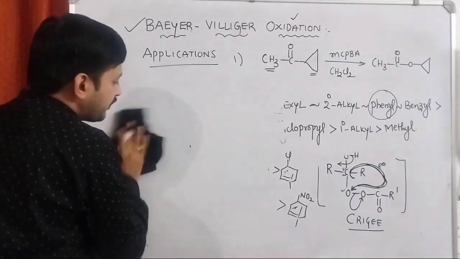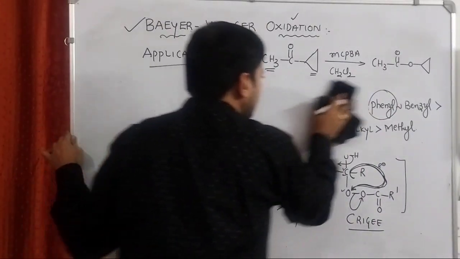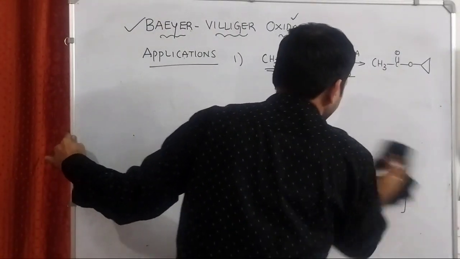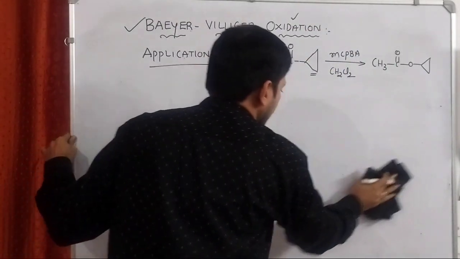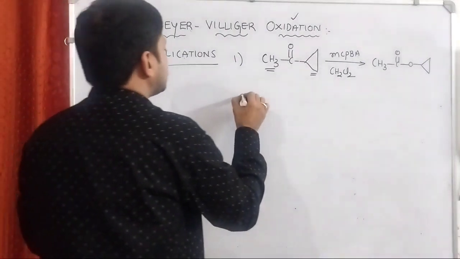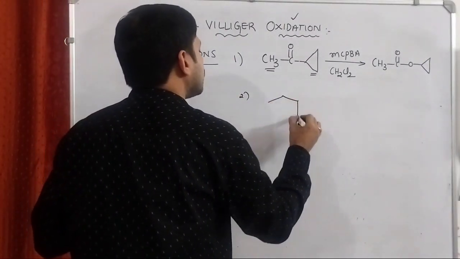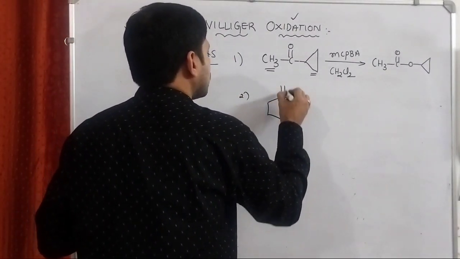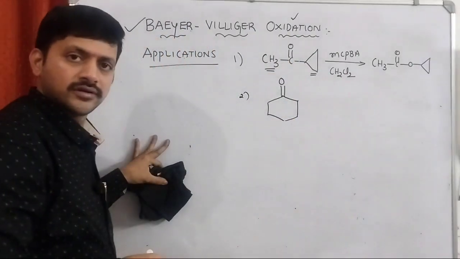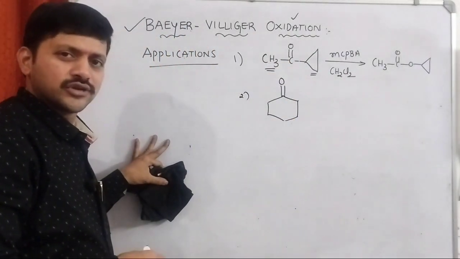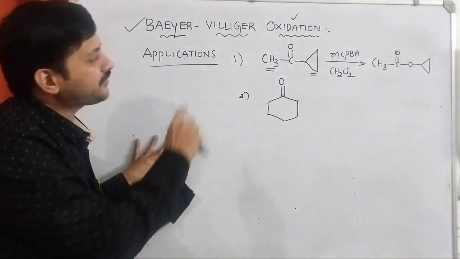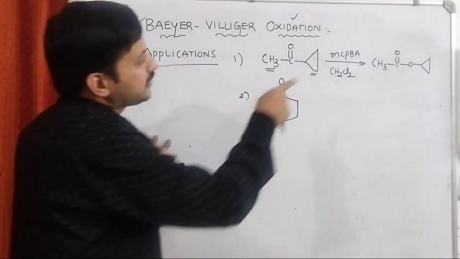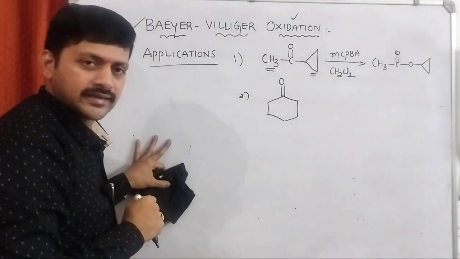Let us see some more applications for easy understanding. The second example, cyclohexanone. It is a cyclic ketone, but the previous one is an acyclic ketone. In case of acyclic ketone, you get acyclic esters.